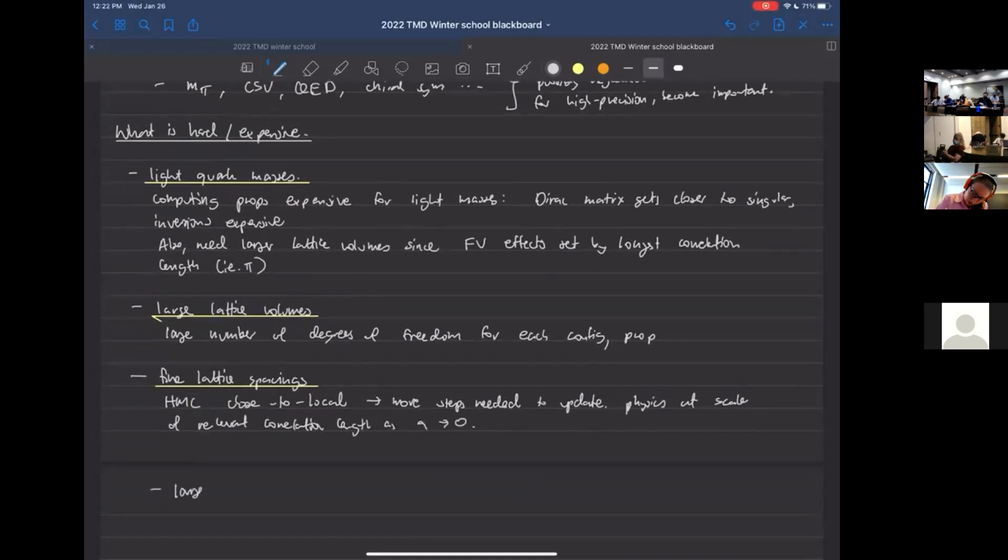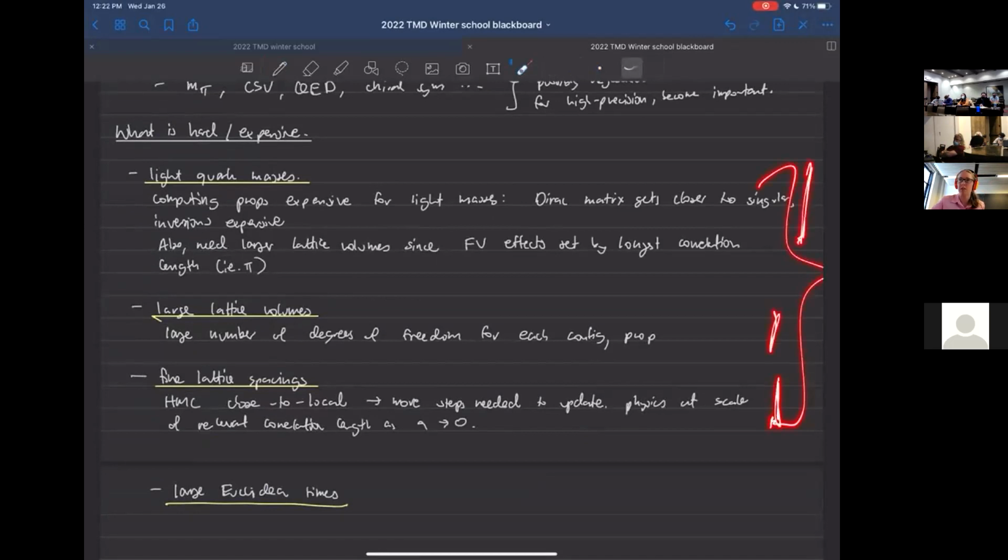So these things are all sort of things that you set before doing your calculation. You fix the coupling, which fixes the lattice spacing, you fix your lattice volume, you fix the quark masses. And so changing those parameters can make your calculations more expensive.